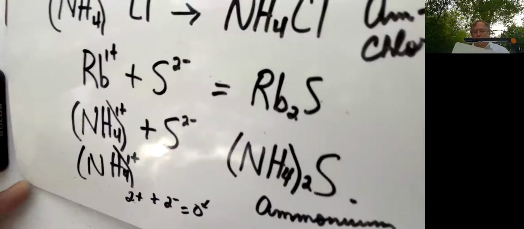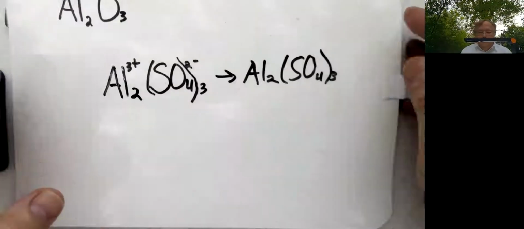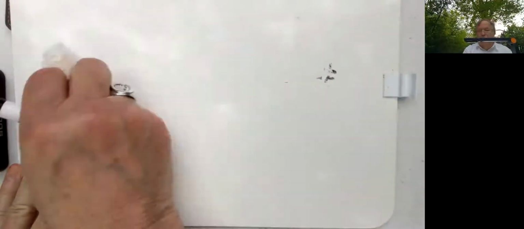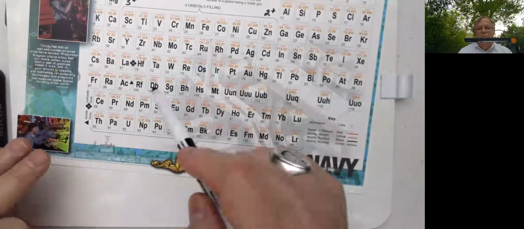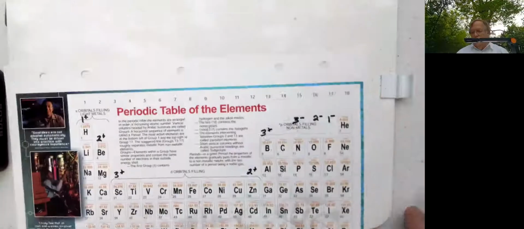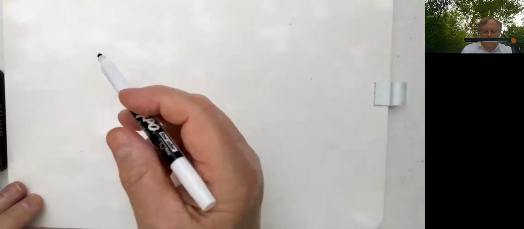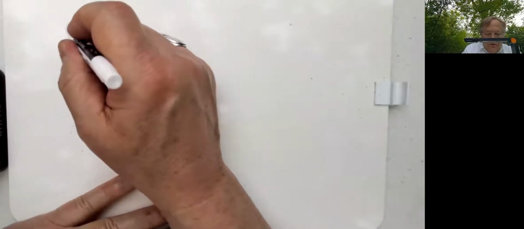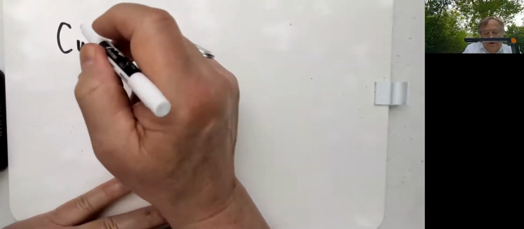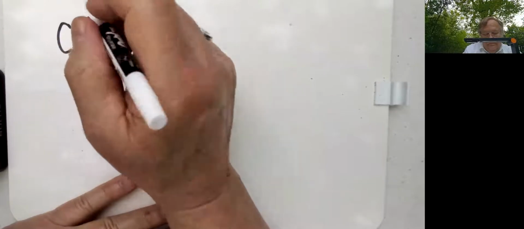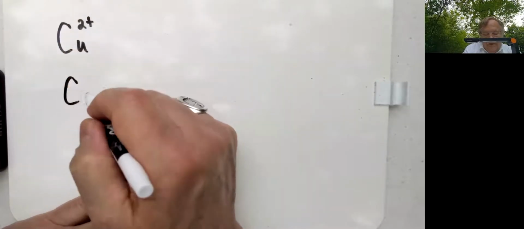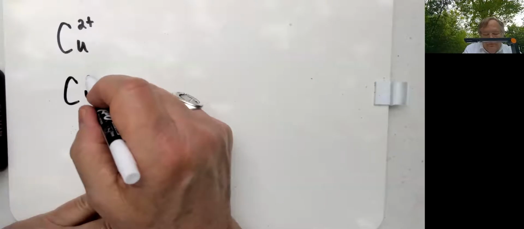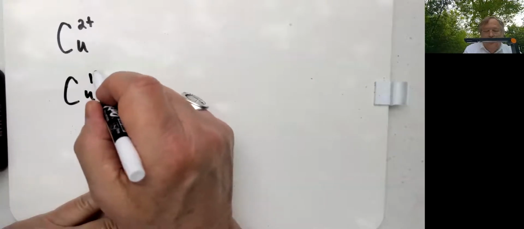All right. So if you have polyatomic ions with those elements in the middle here that have many oxidation states, they're done exactly the same way. It's just that if I wanted you to write copper with a polyatomic ion, I would have to tell you which one I wanted you to use.